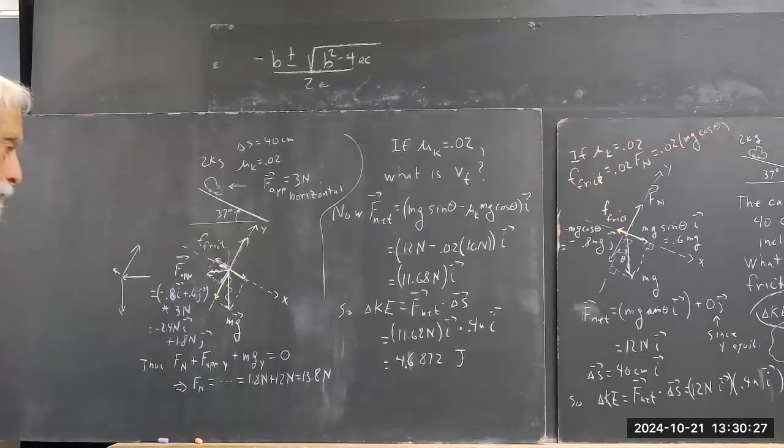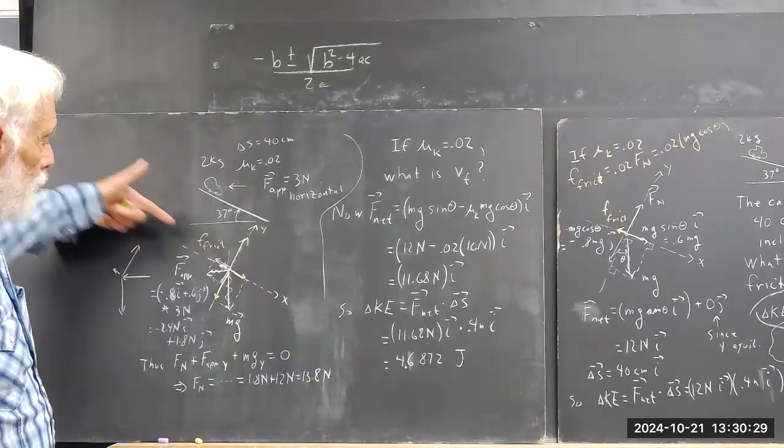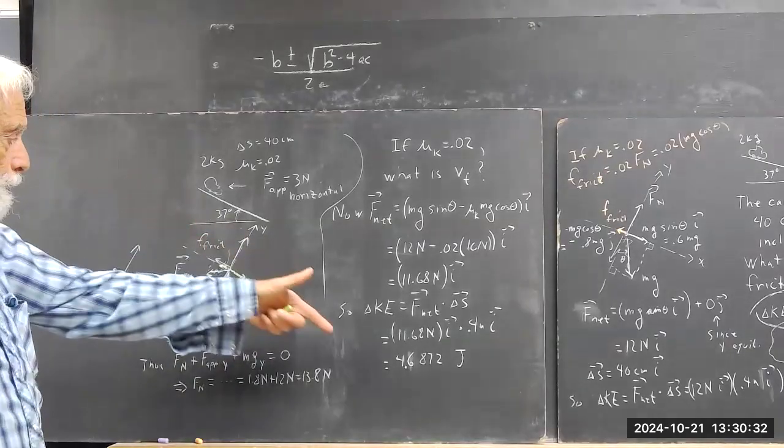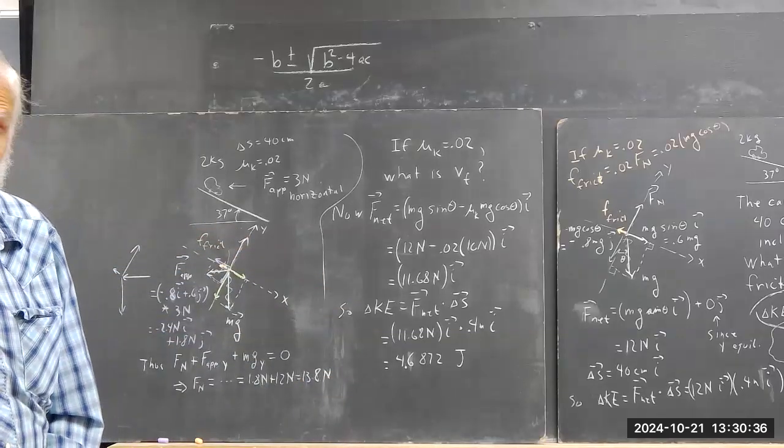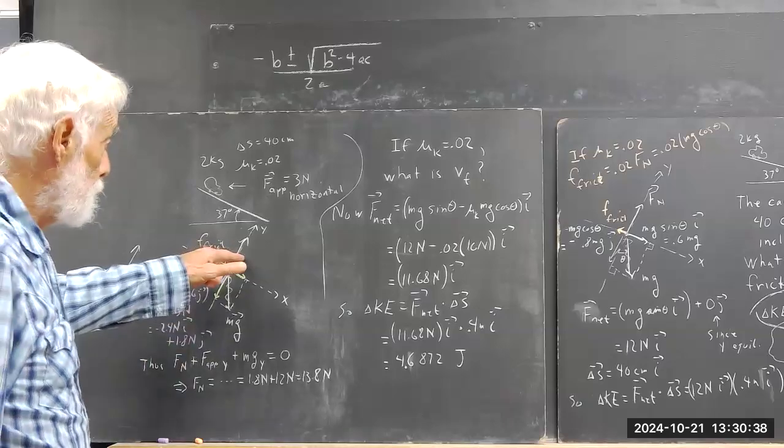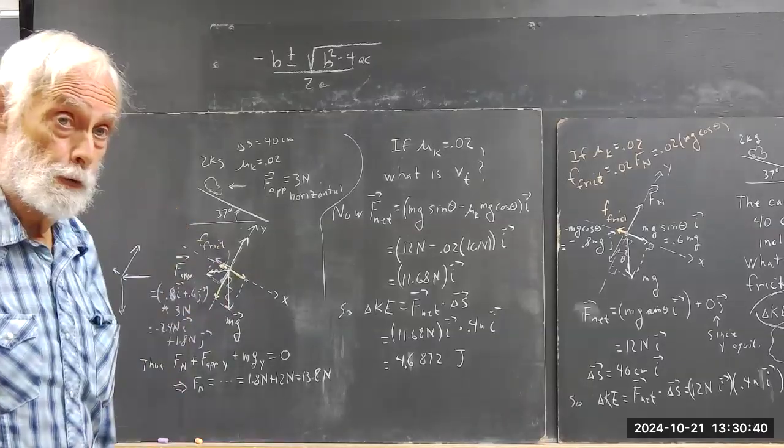And why do we even bother with normal force, since all the forces that we are interested in are in the X direction? Well, because we've changed the normal force, which is going to change the frictional force.